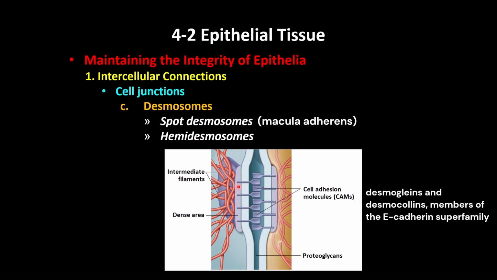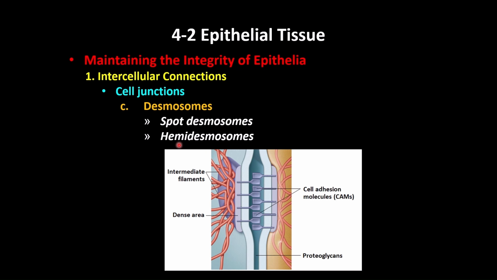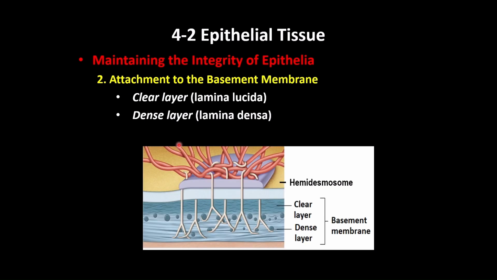These cell adhesion molecules are attached to another structure called the dense area, and the dense area is supported by the intermediate filaments, one on each side, and this is why it's called a spot desmosome. But if it is only on one side and the other side is not there, then that is called hemidesmosome. So I will show you the hemidesmosome here.